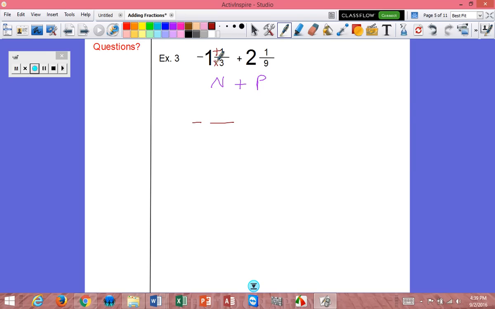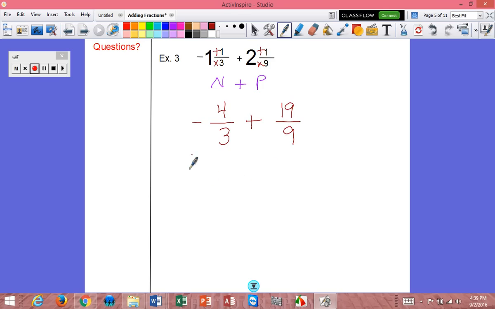All right, 3 times 1 is 3, plus 1 is 4. And then we're going to have an addition sign, and a positive improper fraction here. So 2 times 9 is 18, plus 1 is 19, and the denominator stays the same.